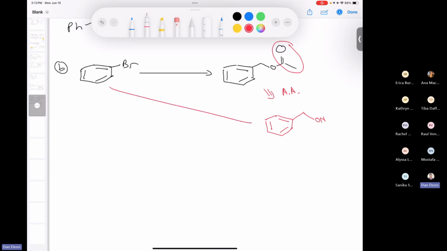So now the question becomes, well, how do I get from here to here? Well, there's probably more than one way that you could do that, but the easiest way would be to make the carboxylic acid from the Grignard and then reduce it all the way down to the alcohol. So if you're not following me, what I mean is, in the first step, we're going to treat this with magnesium. That's going to make the Grignard. In step 2, we use CO2 as our electrophile.